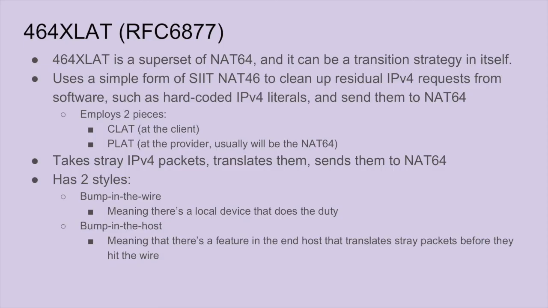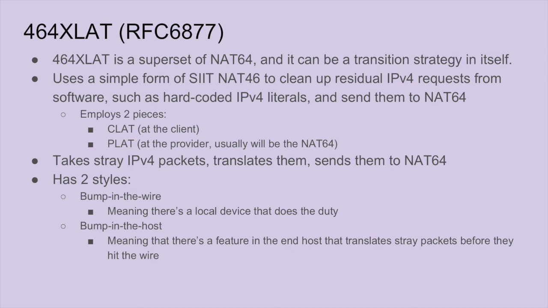464XLAT employs 2 pieces: the CLAT at the client, and the PLAT at the provider, which would usually be the NAT64. It takes the stray IPv4 packets, translates them, and sends them to NAT64. It has 2 styles, which is probably incomplete, but what I'm pointing out is bump in the wire, meaning that there's a local device on the network which handles v4 packets that sneak out there.